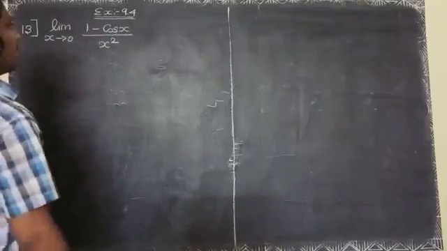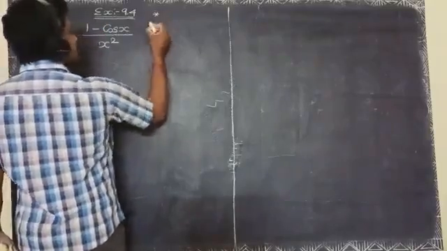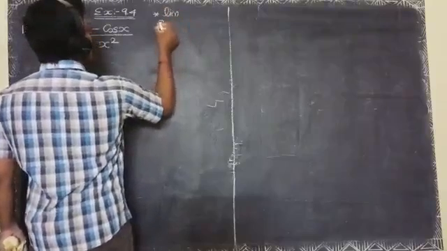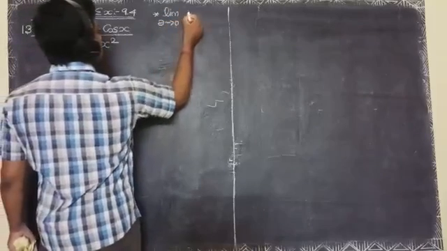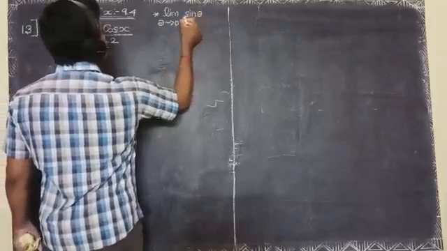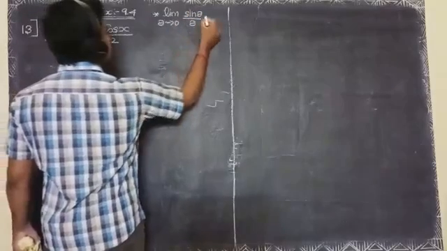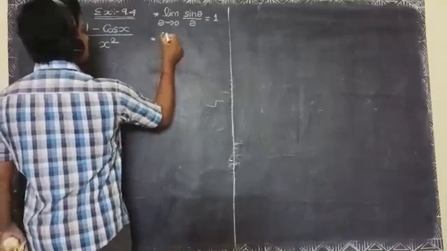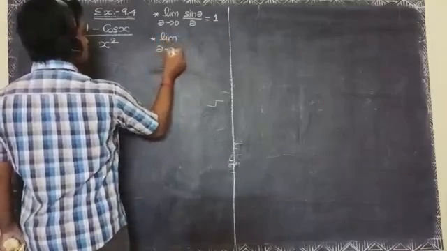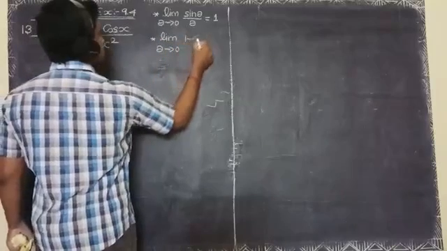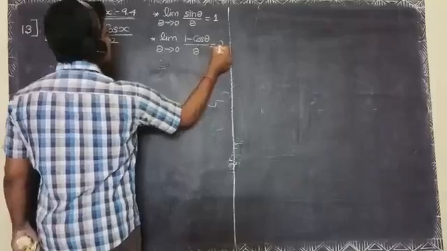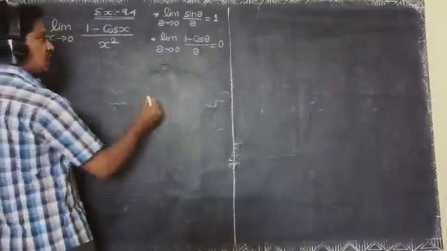Here we know some results: limit theta approaches 0 of sin theta divided by theta is equal to 1. Another one, limit theta approaches 0 of 1 − cos theta divided by theta is equal to 0.